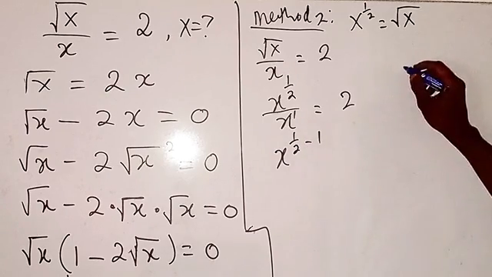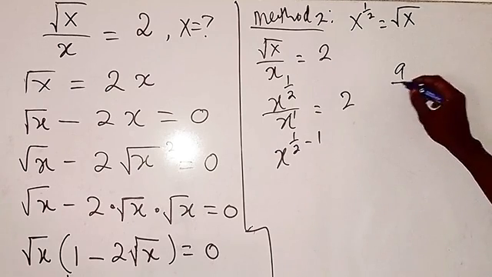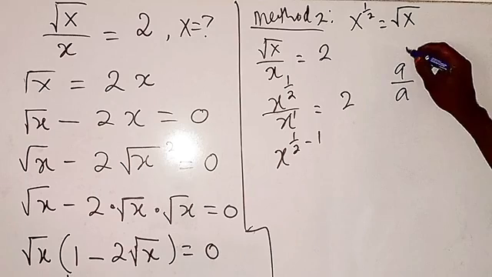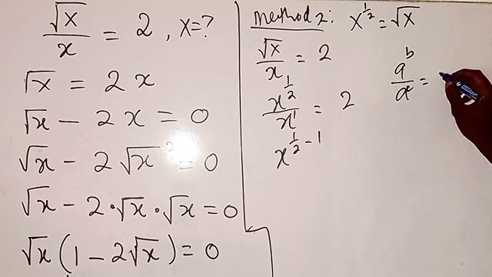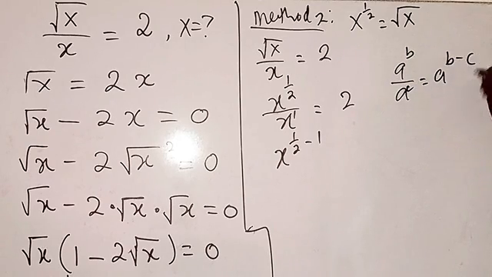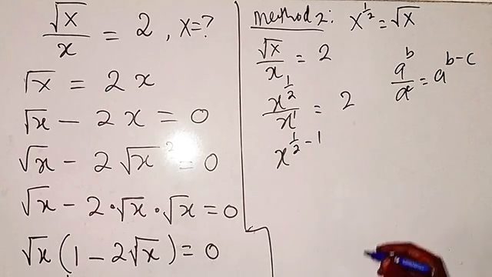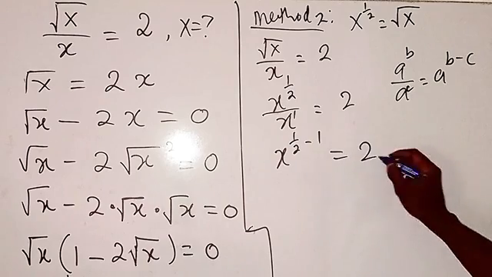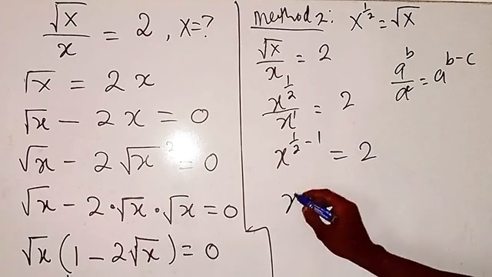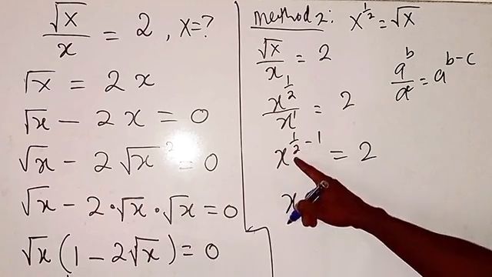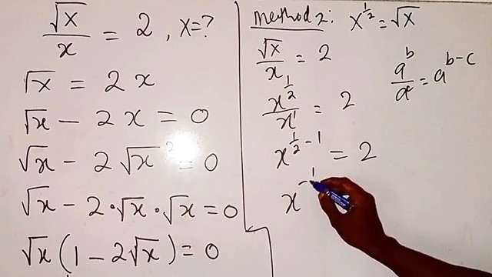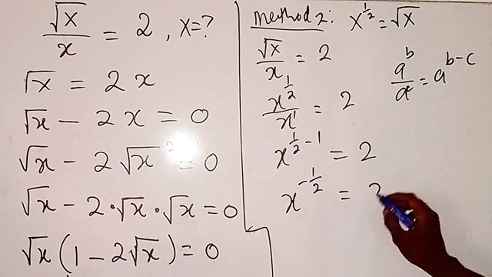From the law of indices, if you have a to the power of b over a to the power of c, this is going to be a to the power of b minus c, right? So that is what we are doing there. So we're going to see this will be 2. Now 1 over 2 minus 1 is going to be minus 1 over 2, equals 2.